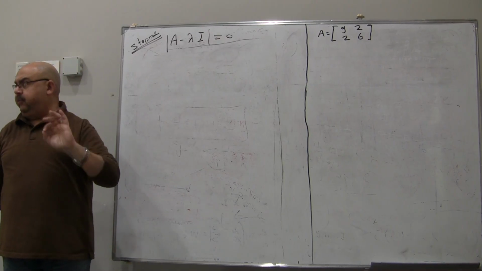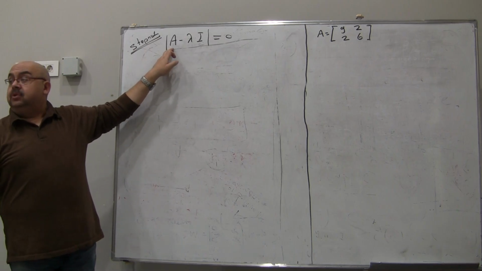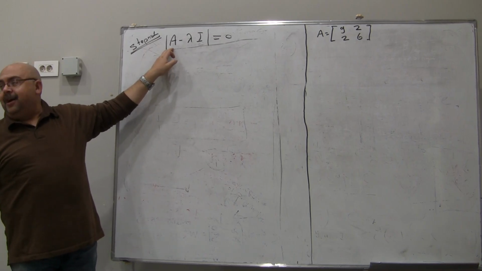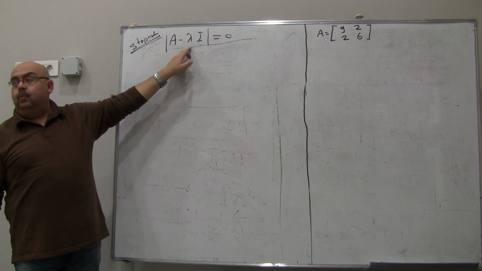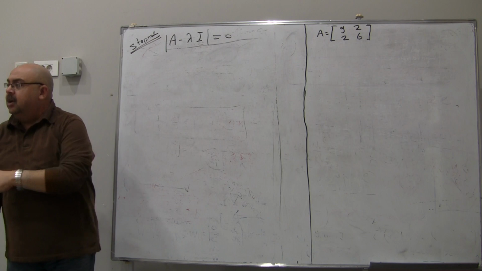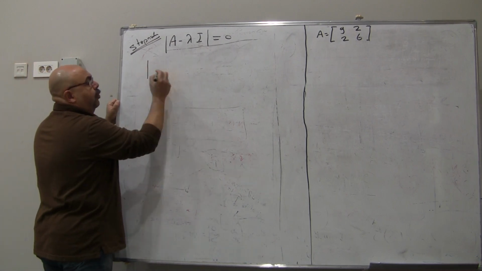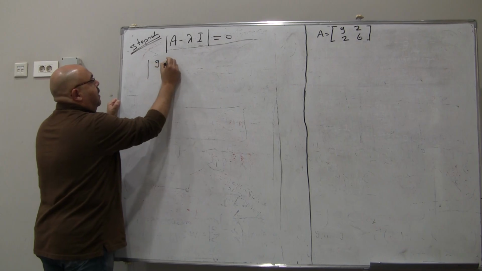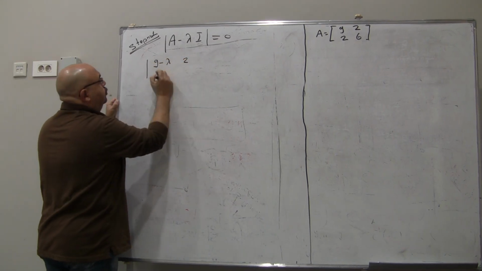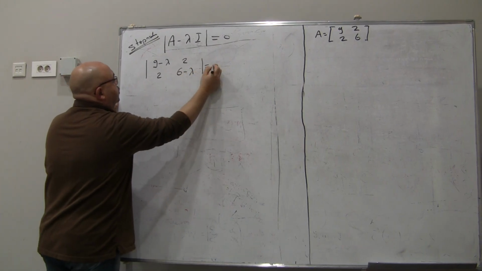Look at it carefully. It's A minus some constant, which is lambda, what we call the eigenvalue, times I, which is a unit matrix of the same dimension as A. I'm going to have a determinant of 9 minus lambda, 2, 2, 6 minus lambda equal to 0.